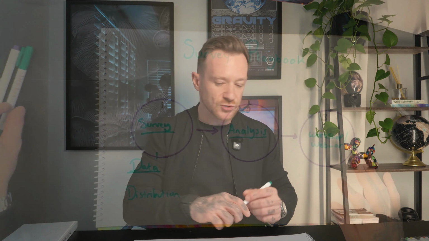This was something that we did 5 years ago manually, and now we have Claude or ChatGPT or whatever language model you're using that can basically analyze the data from this survey. And what we want to do with that analysis is two things.